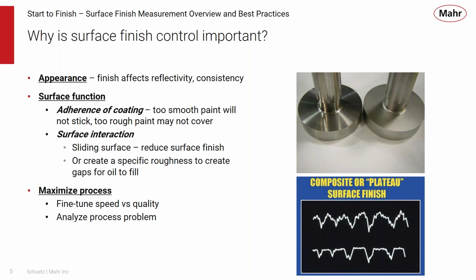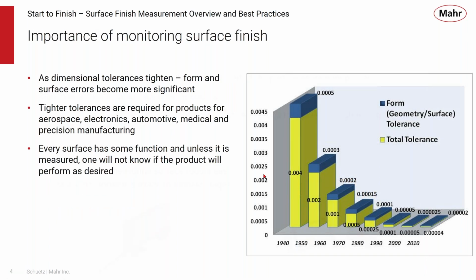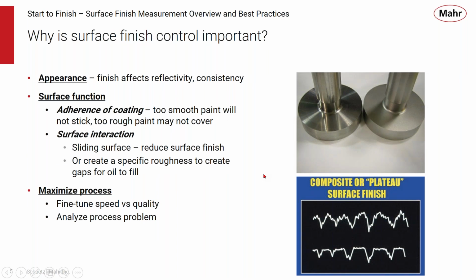You can see in that plateaued picture at the bottom here that the surface peaks have been cut off, there are some valleys in there, and we can hold oil in those valleys to make that surface function better. So surface function is another reason for controlling surface finish.